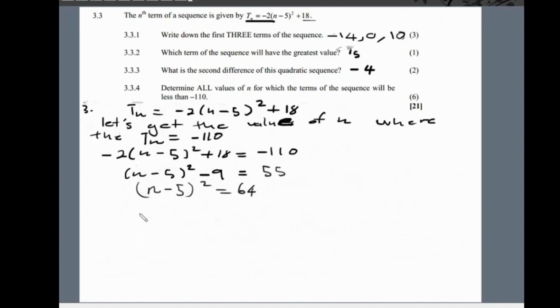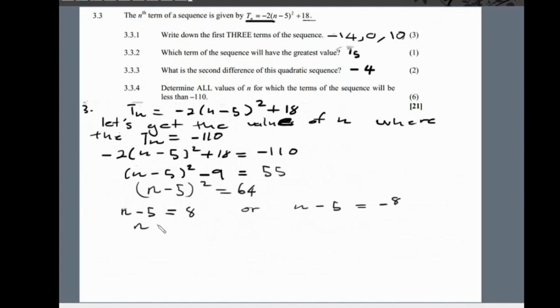So when you take the square root of both sides, you'll get that n minus 5 will be equal to the square root of 64, which is 8, or n minus 5 will be equal to minus 8, right?